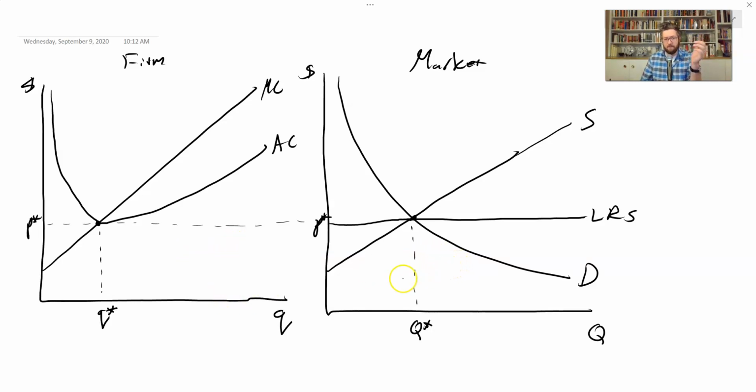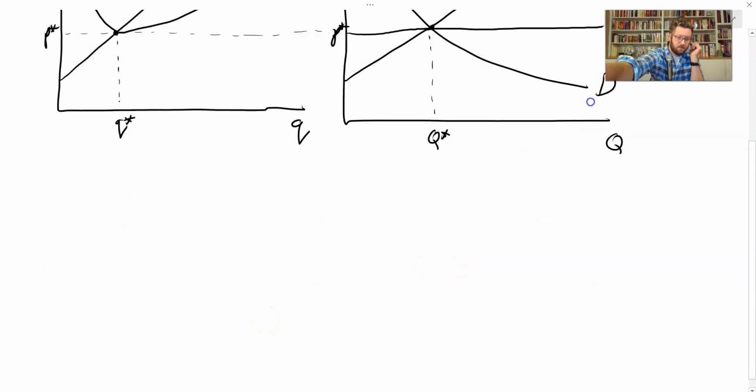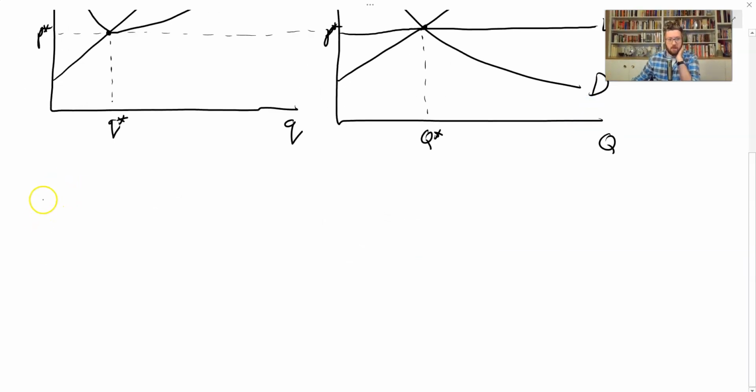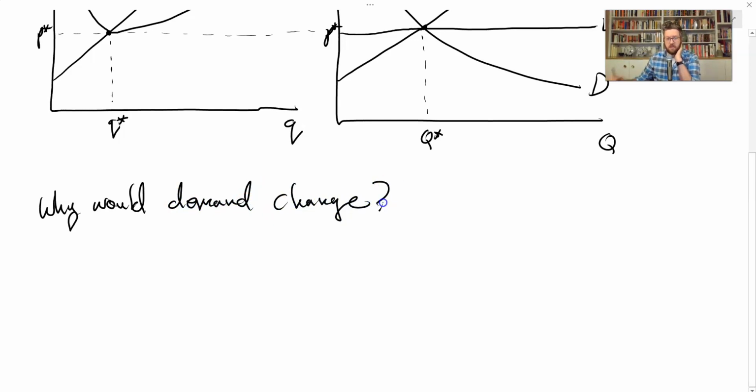So what do I mean by that? Let's scroll down here. Why would demand change? So a demand curve is the link between the price and the quantity demanded, okay?